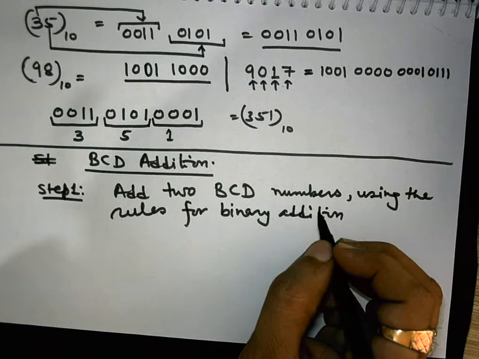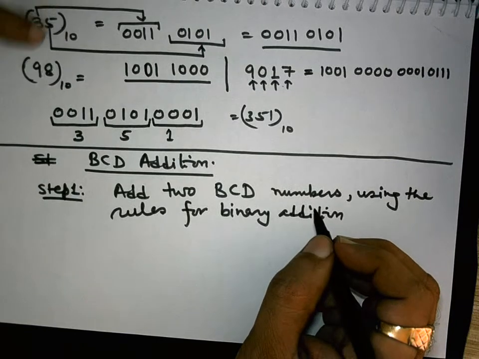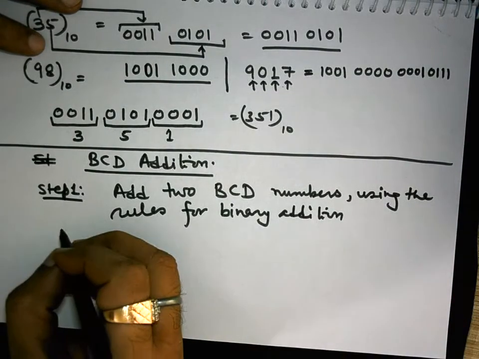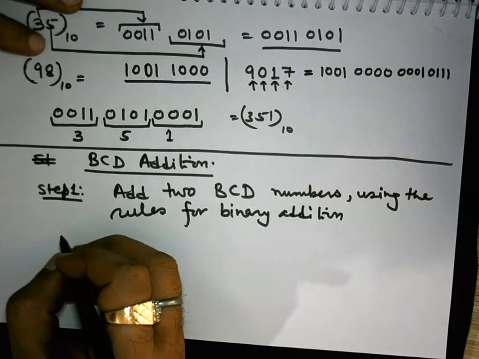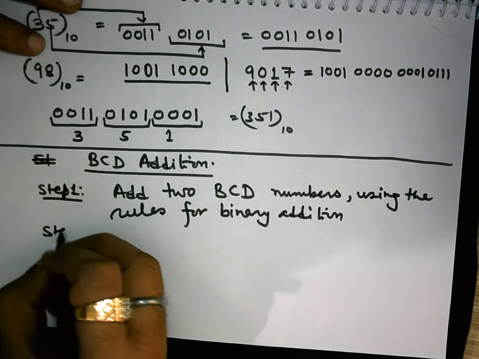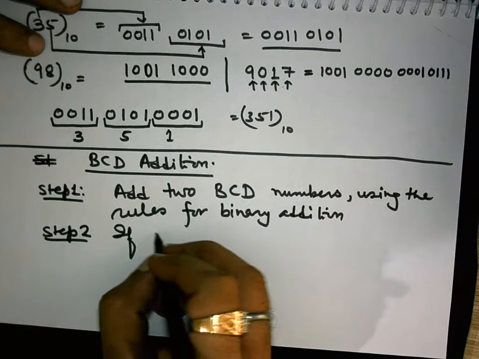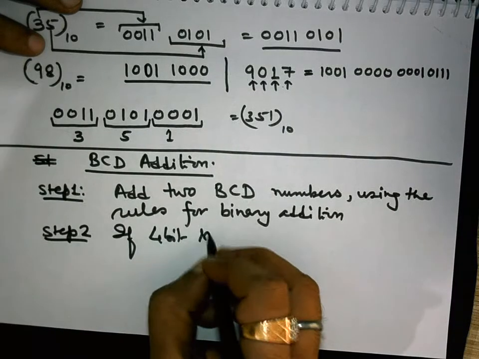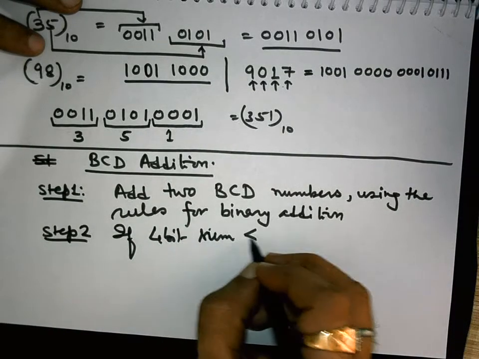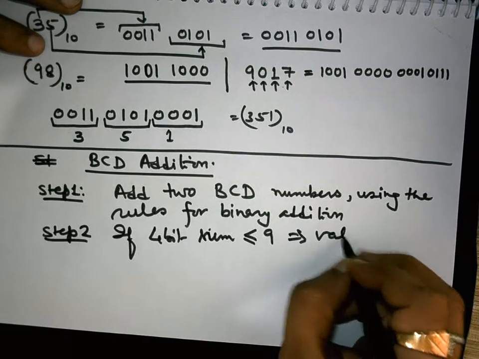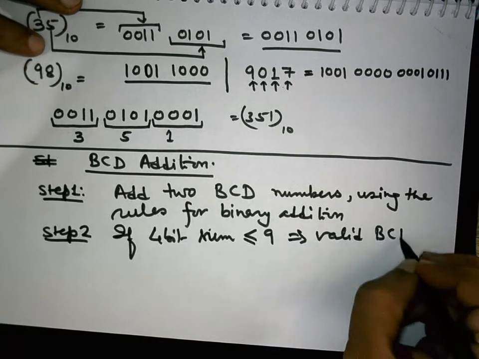Step 2: if the 4-bit sum is less than or equal to 9, it reflects a valid BCD result.